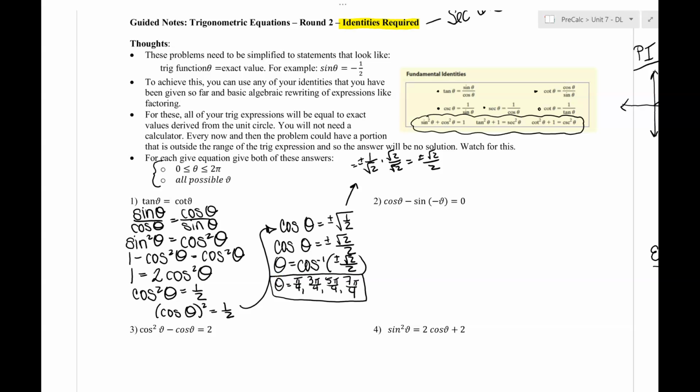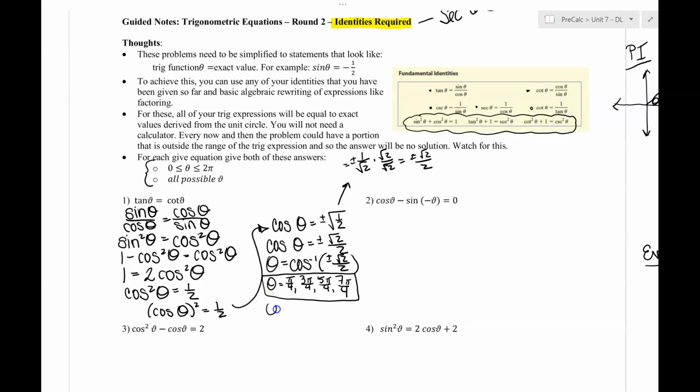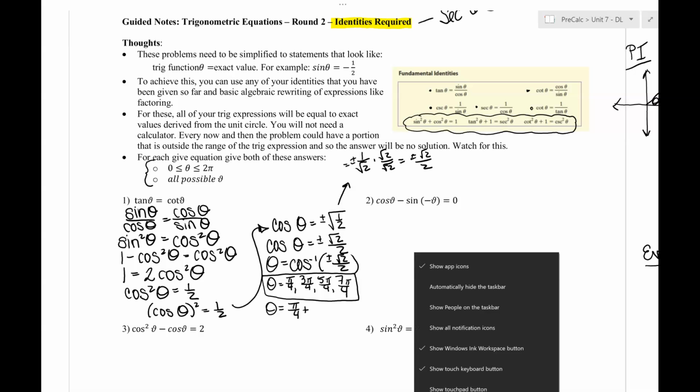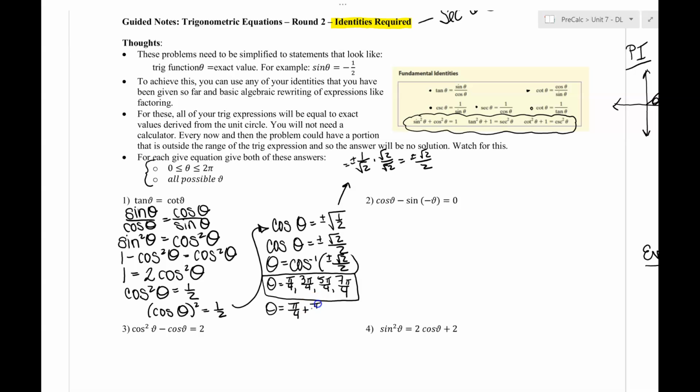Now, the next one is for all possible theta. And I noticed that they're all separated by pi over 2 radians. You may see that, you may not. If you need to list out 4 answers and do plus 2 pi k for each of them, that's fine. I'm choosing not to. I'm going to say pi over 4 plus pi over 2 k, where k is any integer.